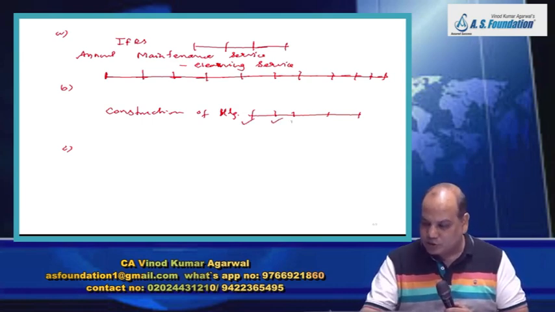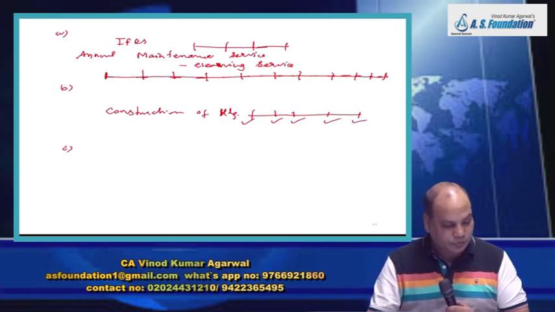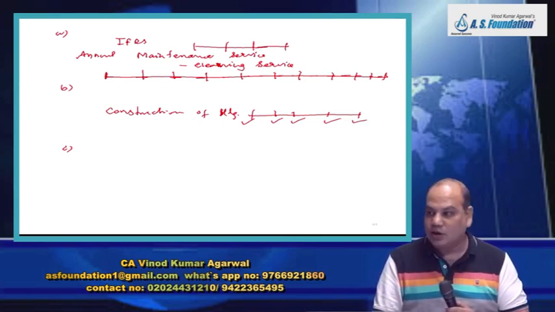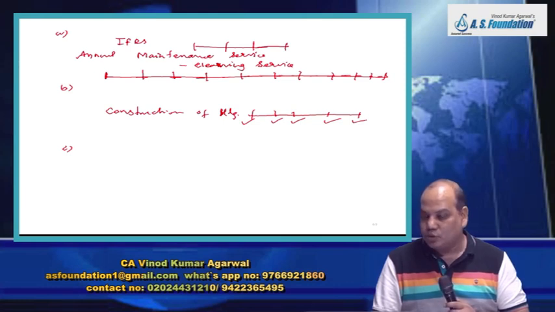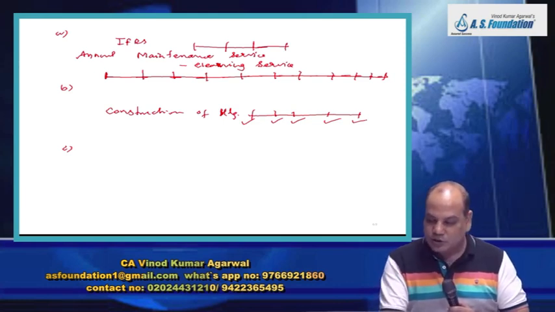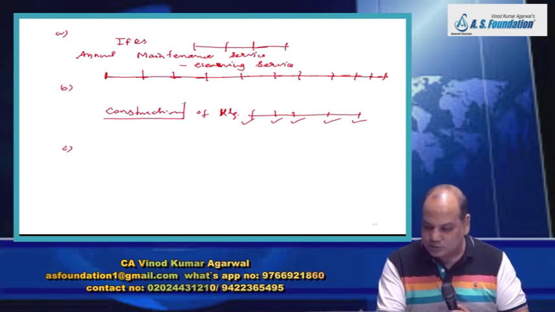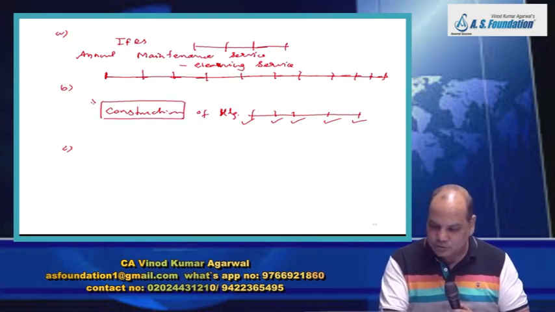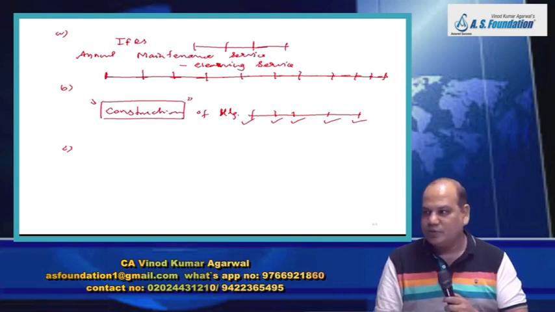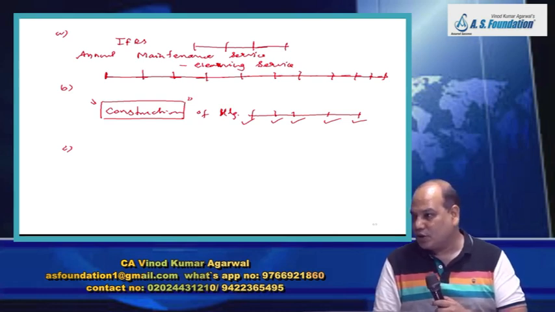So in a situation like this, where you are creating or enhancing an asset for the customer, revenue will be recognized over a period of time. So basically they have brought the construction companies also under this IFRS 15 through this line.